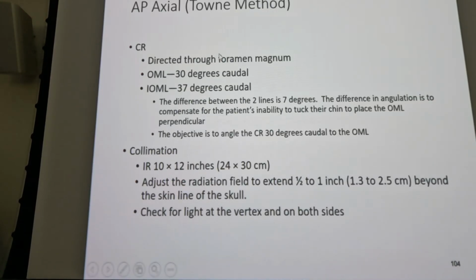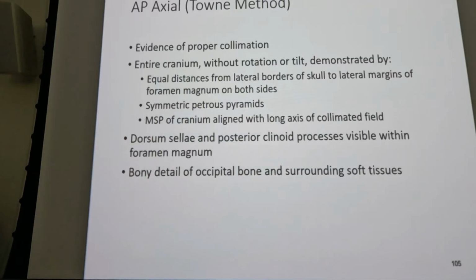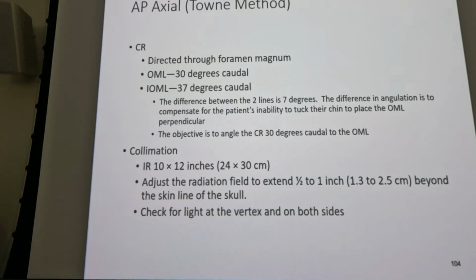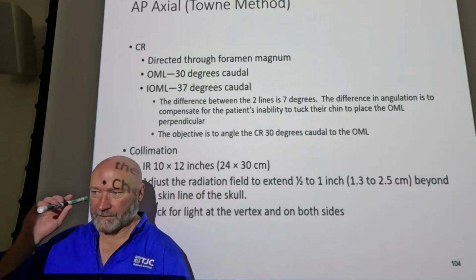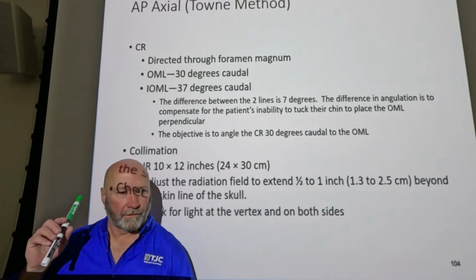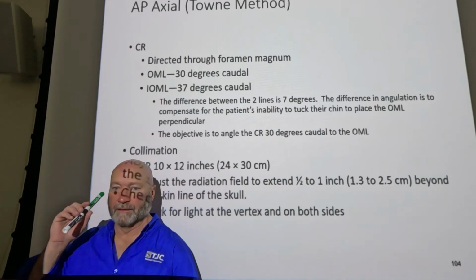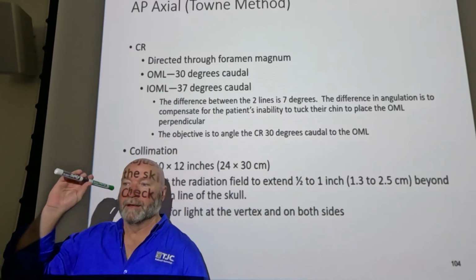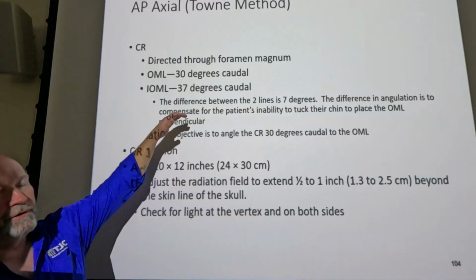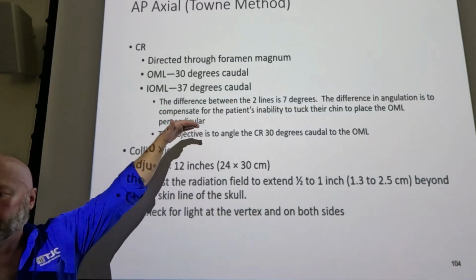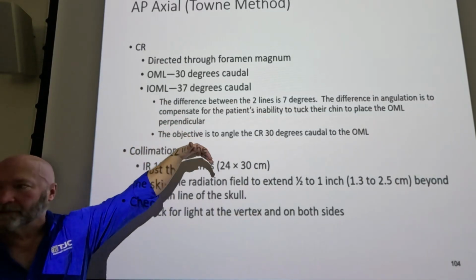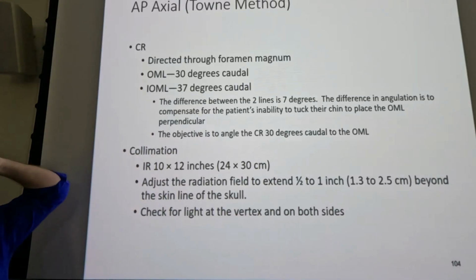Our central ray is going to be directed through the foramen magnum at an angle of 30 degrees caudad. So again, cephalic angulation is the Caldwell. Now we're going caudal angulation, 30 degrees. AP axial with 30 degrees caudal angulation is going to give us the Townes method.